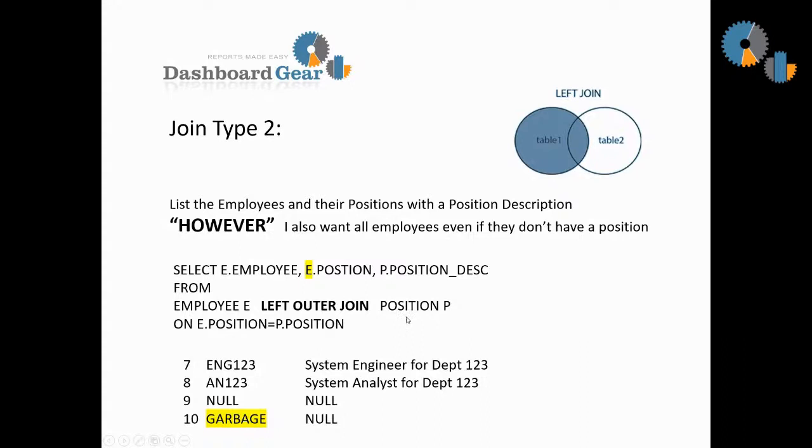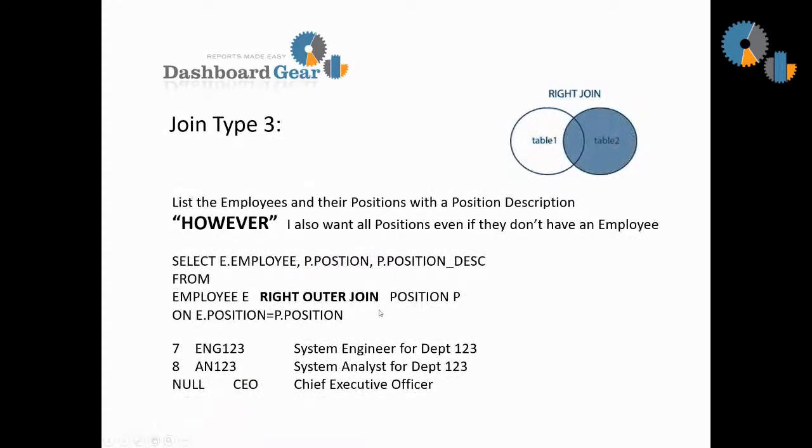Now, if I go on to join type 3, which is the right outer join, this is the one that I said I rarely use. And the reason for it is you can get the same results with the left by just reorienting the tables that you're pulling from. So what a right outer join does is return all the records from the right-hand table, whether or not there's a matching left-hand table record.